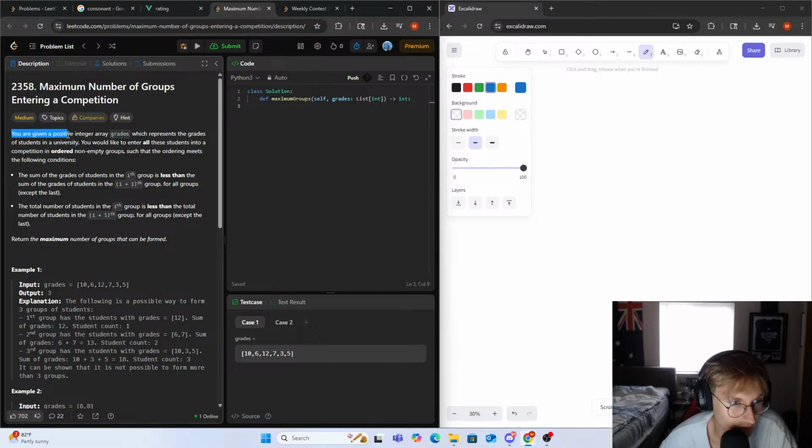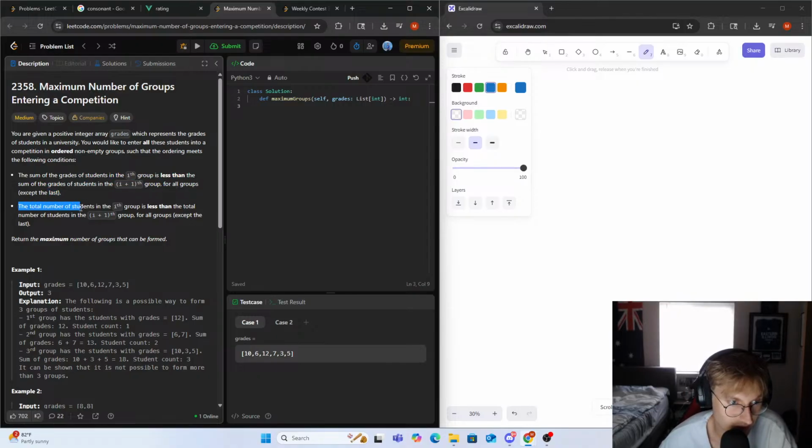Okay, let's read this slowly. You're given a positive integer array grades, which represents the grades of students in a university, right? And that's the only thing that we're given in this problem. We're just given grades. You would like to enter all these students into a competition in ordered, non-empty groups, such that the ordering meets the following conditions. The sum of the grades of students in the ith group is less than the sum of the grades of the students in the i+1th group for all groups except the last.